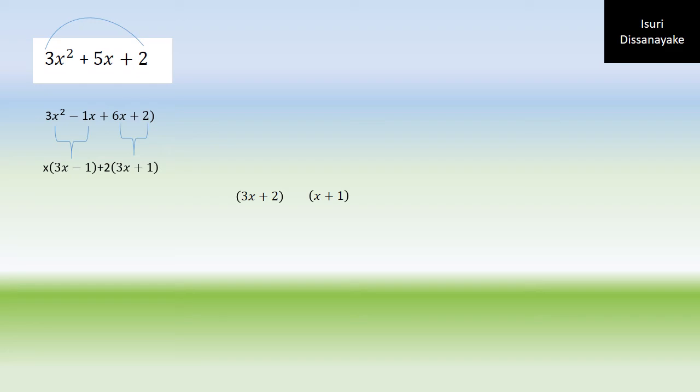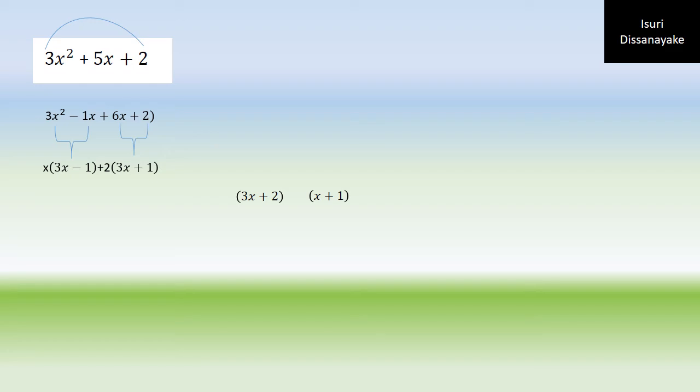Now you have to multiply the constant with the quadratic coefficient and that answer is 6. So when you multiply you have to get 6. So what I did, I split 5x as minus 1x plus 6x.